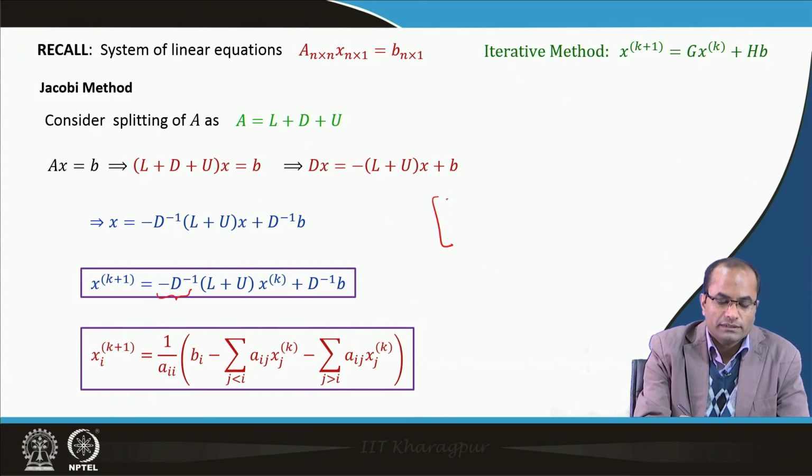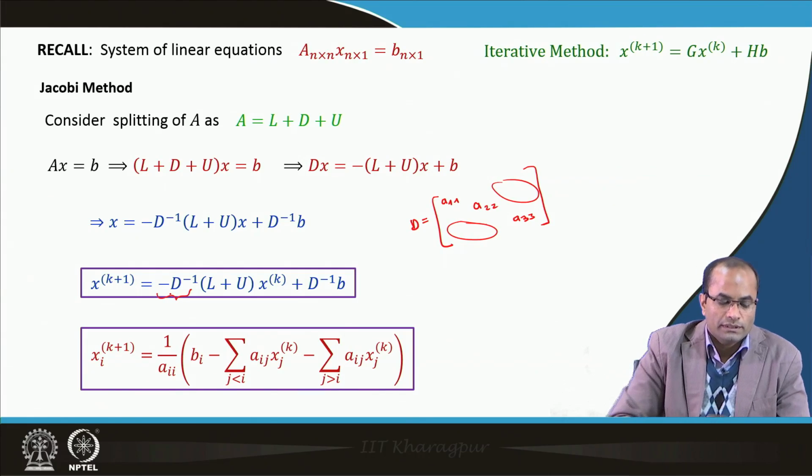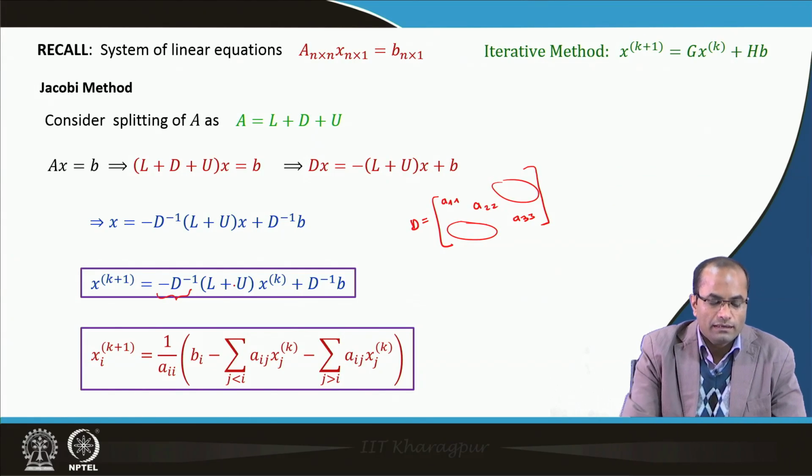D is the diagonal matrix having the entries A 1 1, A 2 2, A 3 3, for instance if we have a 3 by 3 matrix, and all other components are 0. L and U are the lower and the upper parts.